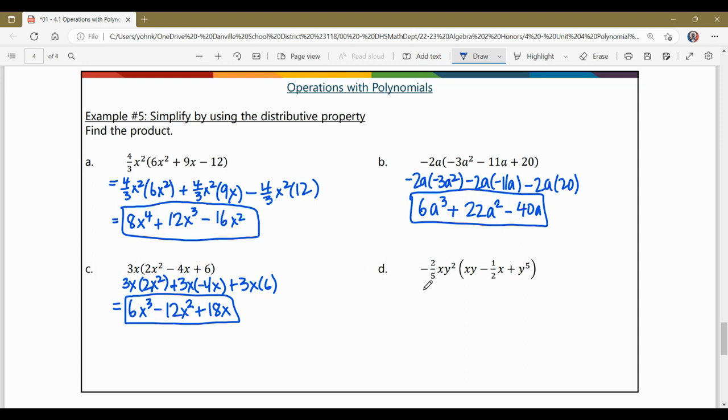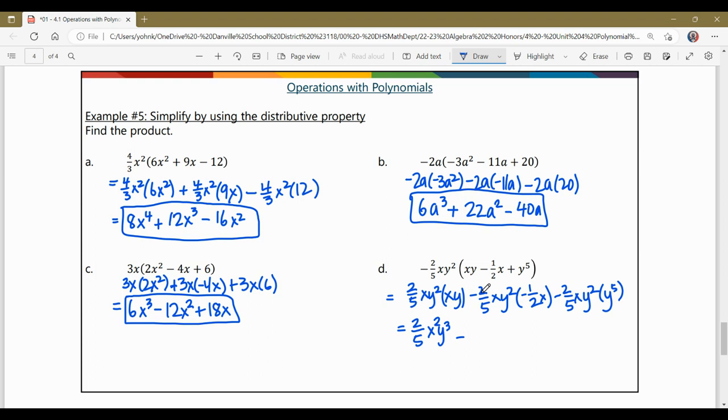In letter D, I'm distributing negative 2/5 xy squared. So negative 2/5 xy squared times xy, minus 2/5 xy squared times negative 1/2 x, minus 2/5 xy squared times y to the fifth. All right, so I'm left with 2/5, x to the 1 plus 1 is 2, y to the 2 plus 1 is 3.